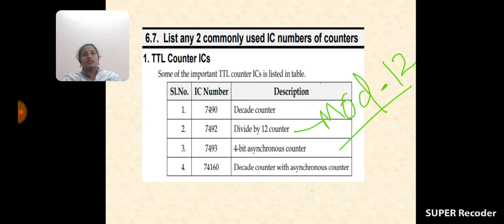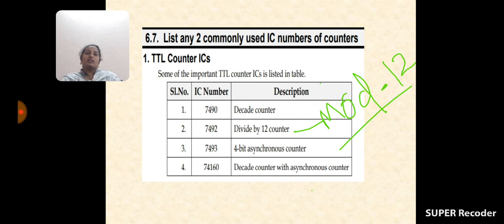7490 is able to produce a decade counter, 7492 produces a divide by 12 counter, that is also called what? Mod counter. And 7493 is a 4-bit asynchronous counter, and 74160 will provide a decade counter. Why?